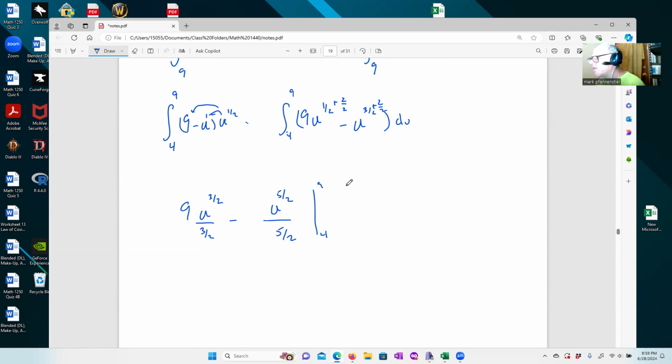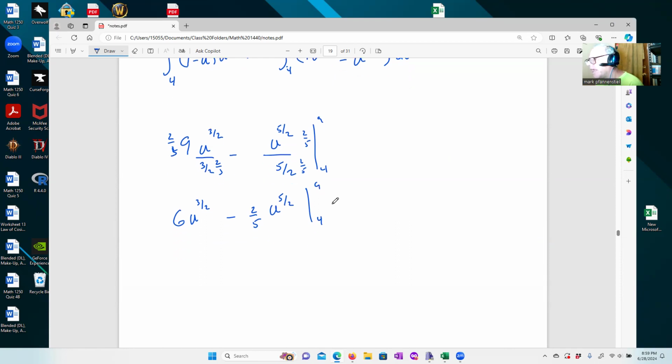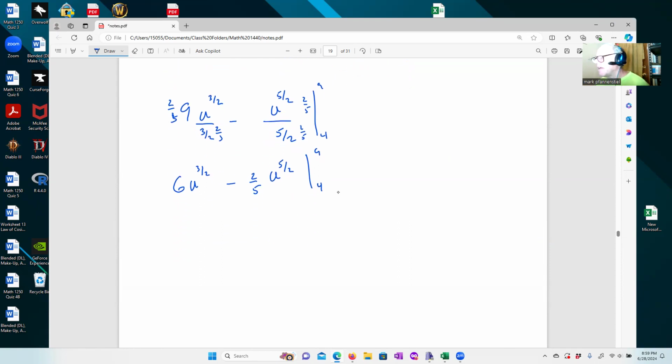Let's clean this up a little bit. I've got a 2/3 on top and bottom here, so 9 divided by 3 is 3, and 2 times 3 is 6. So I've got 6 u to the 3 halves minus 2/5, because we're multiplying by reciprocals here, 2 over 5, u to the 5 halves, going from 4 to 9. Now we just have to plug these in.